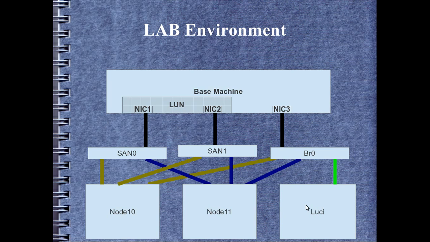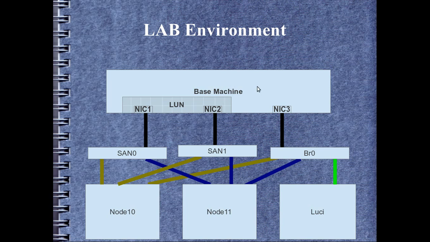You can do the same set of commands on these clustered nodes also, but Luci provides a good UI to manage these clustered nodes. So in case you are new to the cluster, the best thing is to start with the Luci web interface so that you can understand the concepts better, and we are going to do the same thing in our lab.